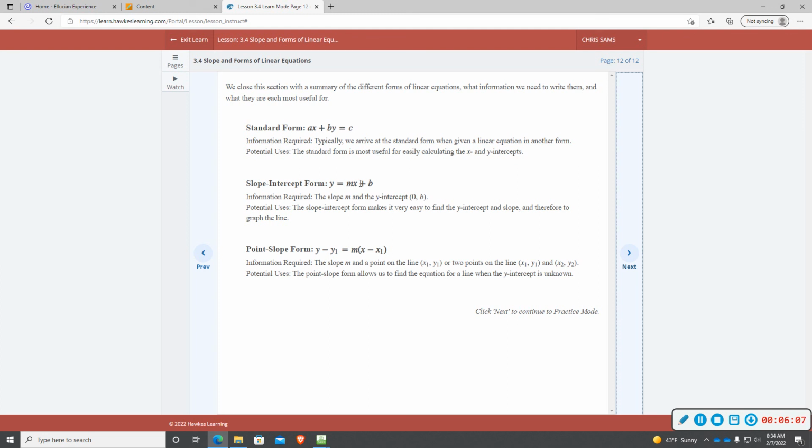Then we have slope-intercept form, most commonly used, best especially when you want to graph a line. And then you have point-slope form, which we usually get and convert to slope-intercept form once we find the y-intercept. All right, so from here we're going to go over to Hawks and actually do some practice.